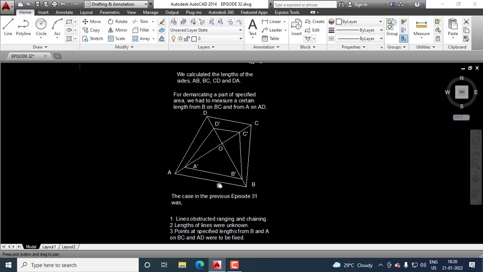The lengths of AB, BC, CD and DA were unknown. Points at specified lengths from A and B on BC and AD were to be fixed. If a point was to be fixed here and a point was to be fixed here, we could not fix these points because we can't range this line, we can't measure this line.